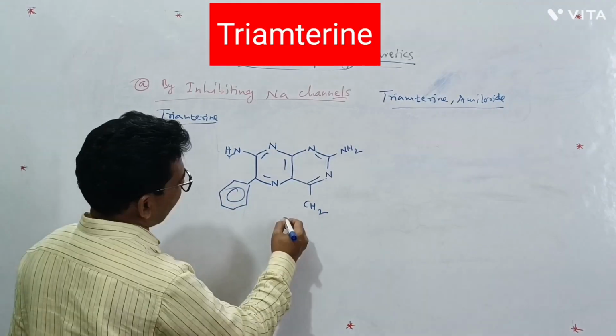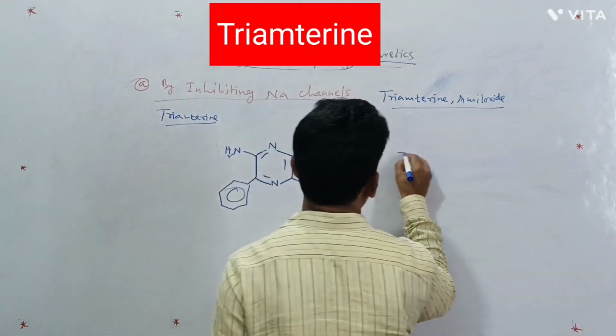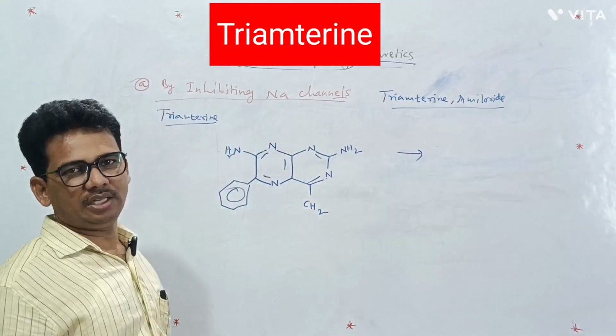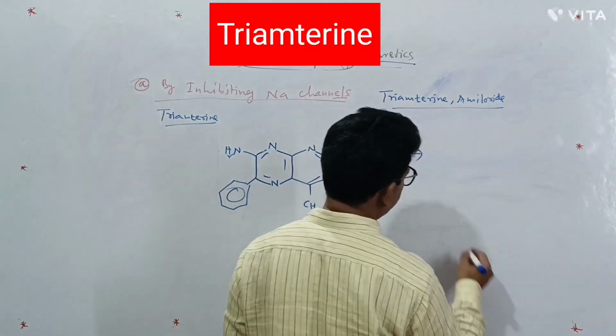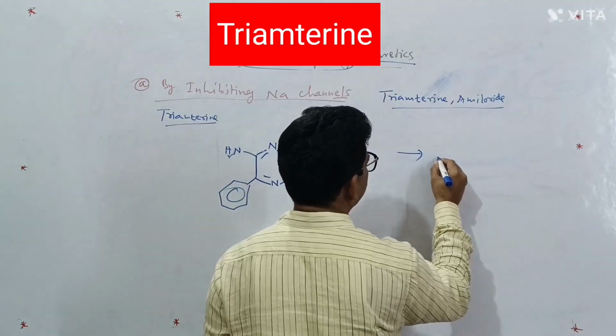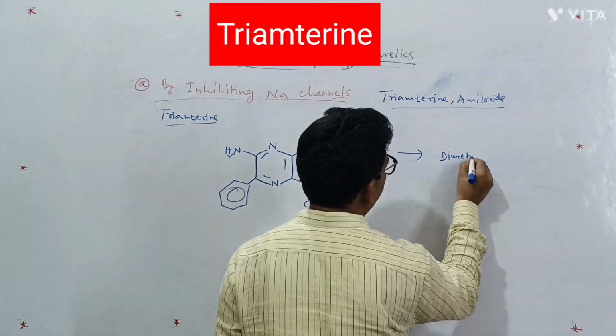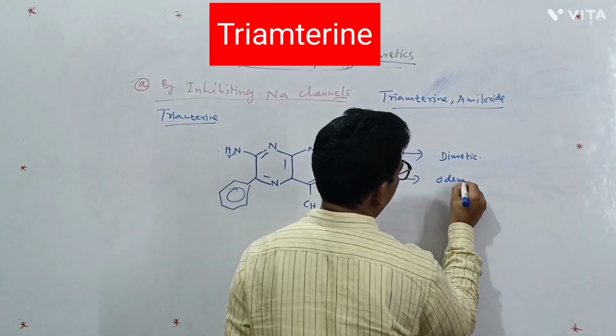Now see this, what is the use of this one? The same use it will have. It inhibits the sodium channel. Inhibiting the sodium channel indicates what? It is used as a diuretic. Then another use is in the oedema.